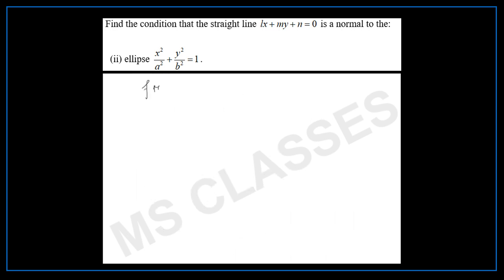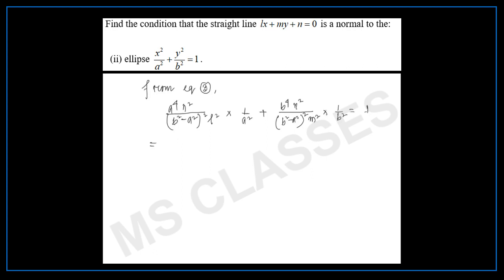From equation 3, we can say here that a to the power of 4 n square by (b square minus a square) whole square into L square into 1 by a square plus b to the power of 4 n square by (b square minus a square) whole square into m square into 1 by b square equal to 1.